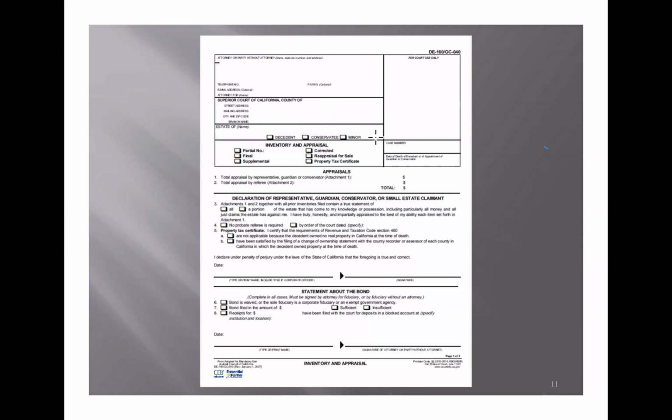Then you put the name of the estate. This is the name of the decedent. I advise, put their whole name the way it is on the death certificate. For instance, John Charles Smith.